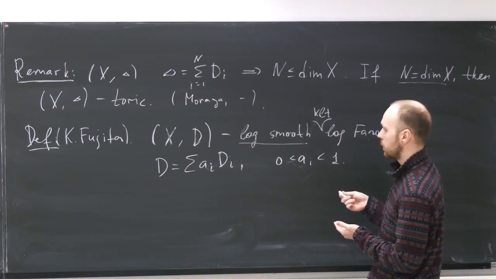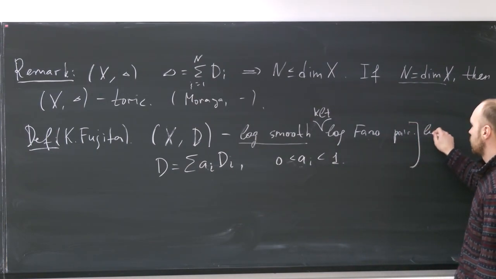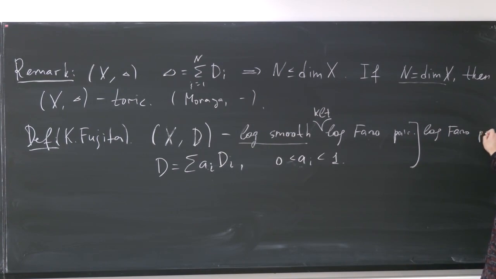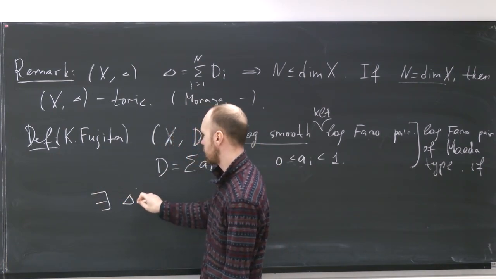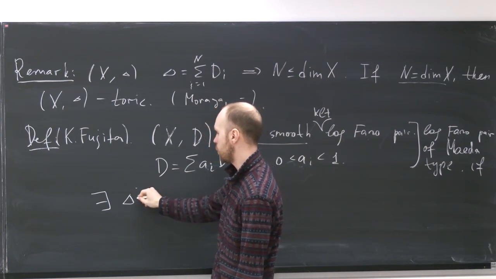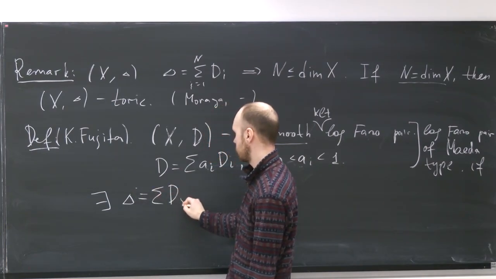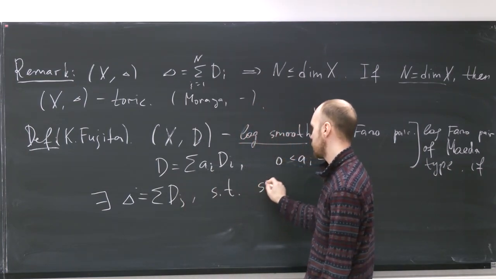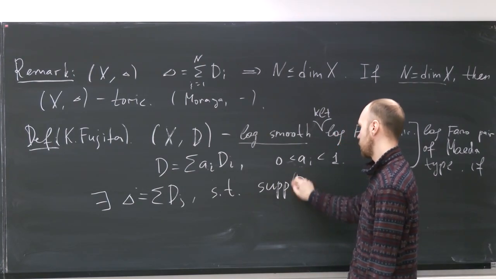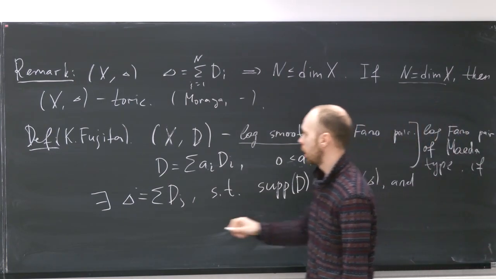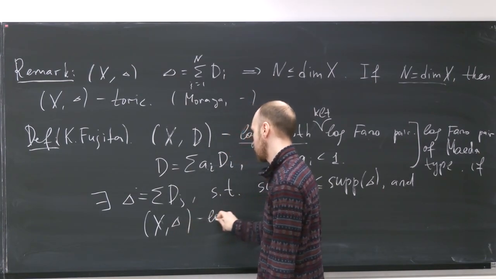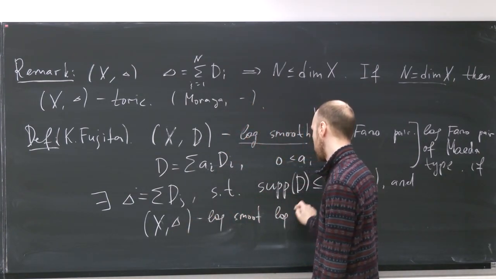Yes, then we say that such a pair is a log-Fano pair of Maeda type if there exists a divisor Delta, integral and reduced, such that the support of D is contained in the support of Delta, and (X, Delta) is log smooth and log Fano.